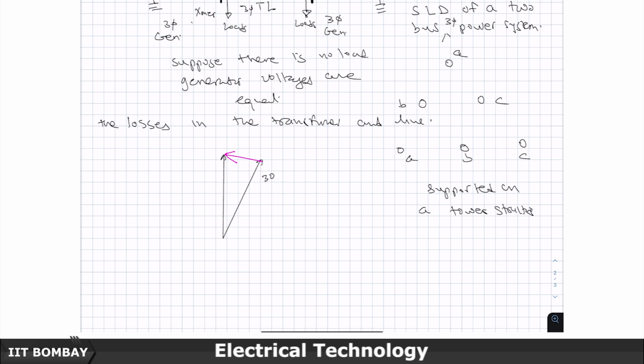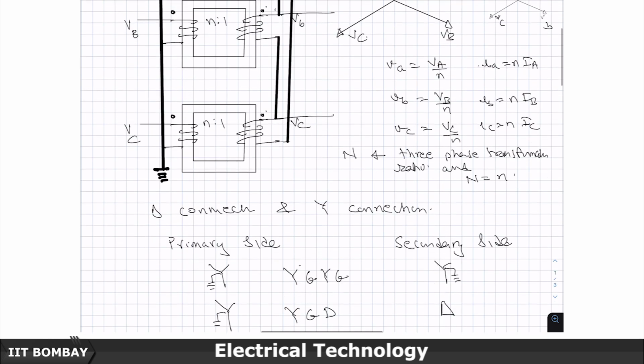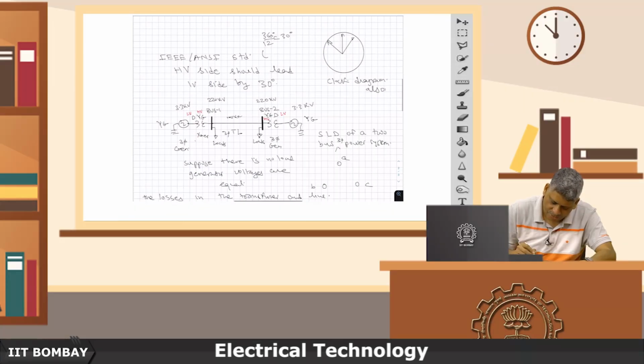So, the IEEE or ANSI has clearly stated, and I think I did state that somewhere already, that the HV side should lead the LV side by 30 degrees.